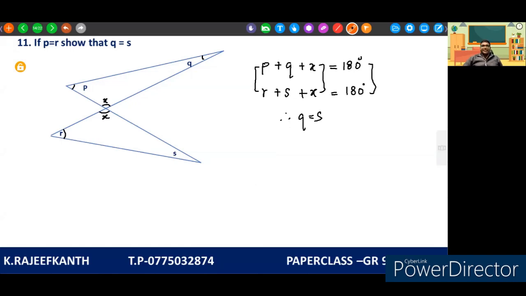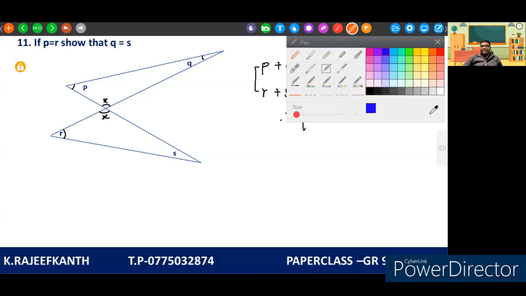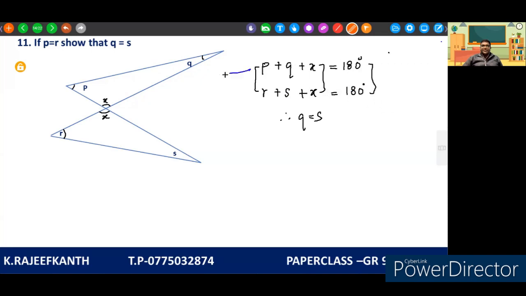If the values are equal, then directly we can write Q equals S. How can we write it? Here I will explain it. From the first expression we can write Q equals 180, and if we move this P and X to the other side of the equal sign, then minus P minus X. Then S equals, here we have to move this R and X to the right side of the equal sign.